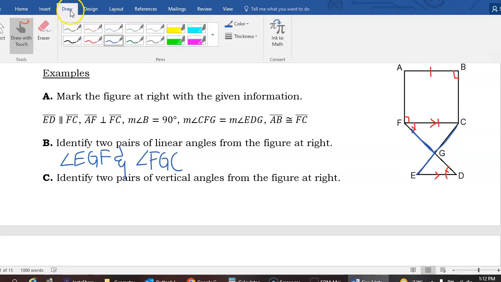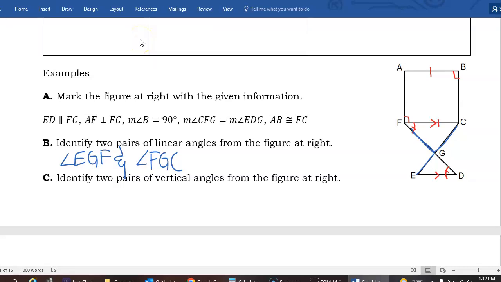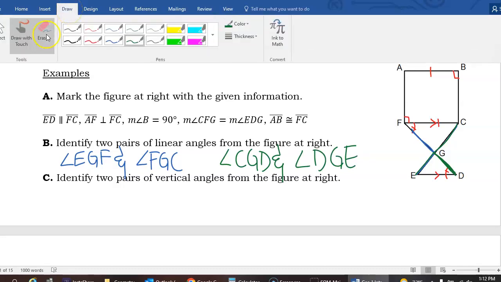I'll do a second pair. How about CGD? And right here, they share side DG, and we're going on to side E. Angle DGE.